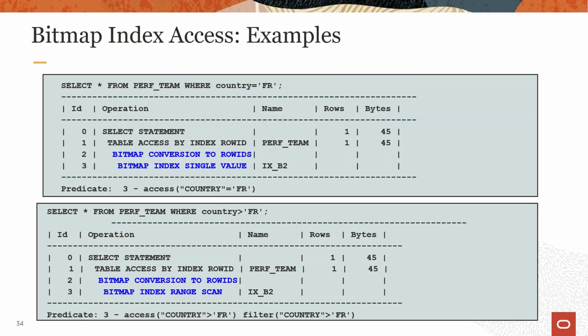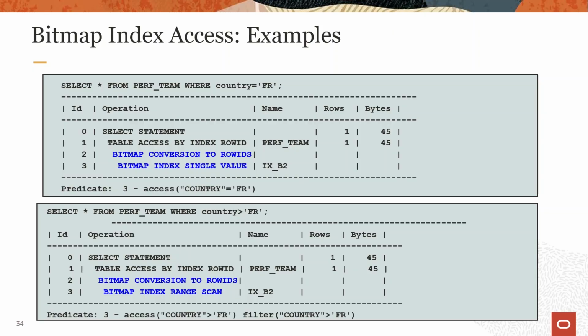Now you have here two examples of how a bitmap index access path is being used. With the first select statement, you try to obtain all the records where country equals FR, and suppose that the country column has a bitmap index on it. If the bitmap index is being used, it will locate the bitmap for FR, for France.